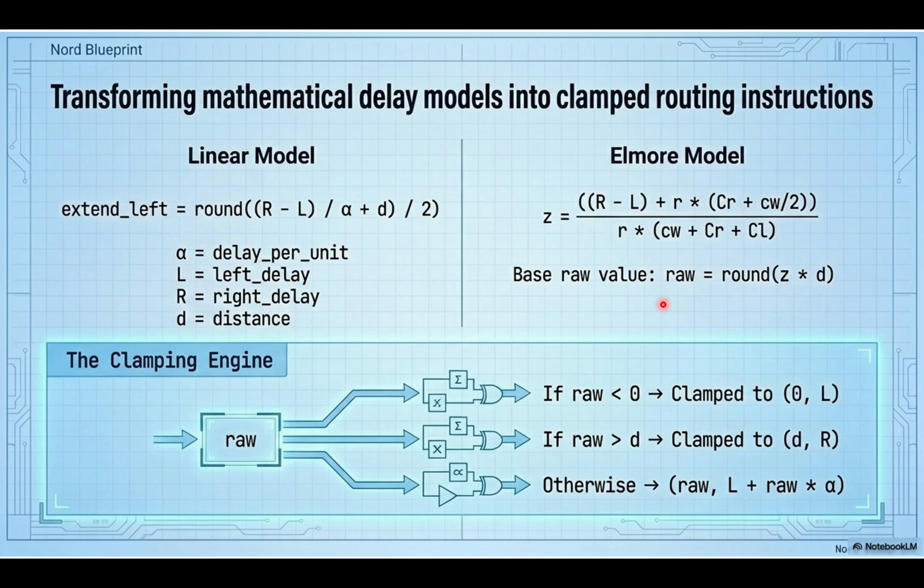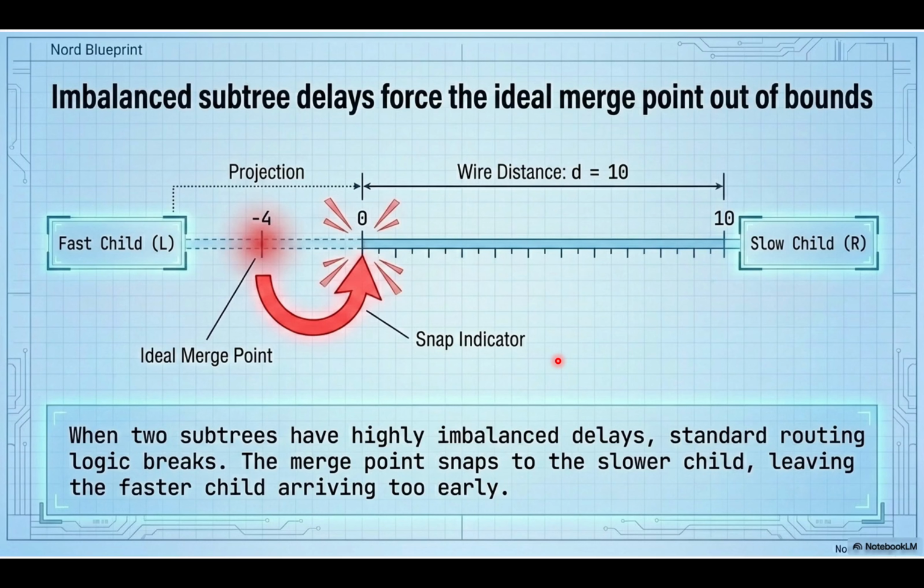But sometimes, mathematically, the ideal connection point falls completely outside the physical bounds of the wire. Exactly. Let's say we have a wire segment connecting 2 points and it is exactly 10 units long. Okay, 10 units. The pure function runs the Elmore physics math, and it says the perfect synchronized merge point is at -4. Wait, -4, which physically makes no sense.